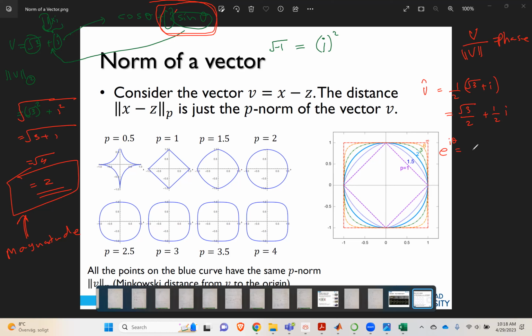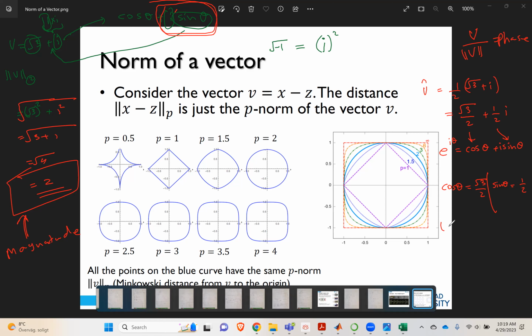This is equal to the cos theta plus i sin theta format. See, this is your cos term and this is your i term. So now your cos theta equals square root of 3 by 2, and your sin theta equals 1 by 2. What's the cos inverse of this, or the sin inverse?